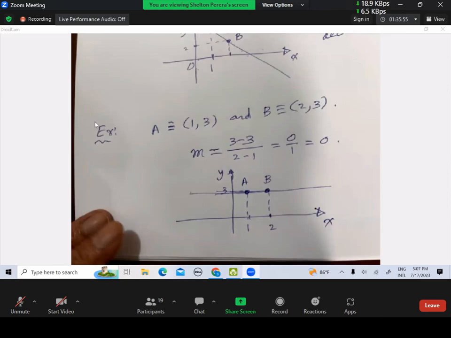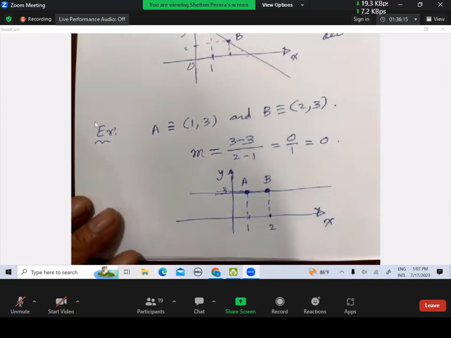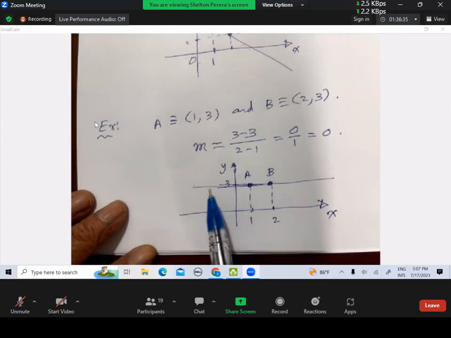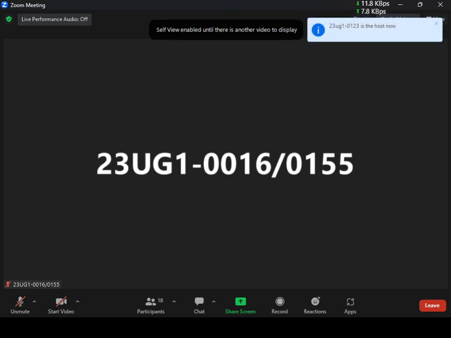Suppose I take a point and draw a few lines. X-axis, Y-axis.